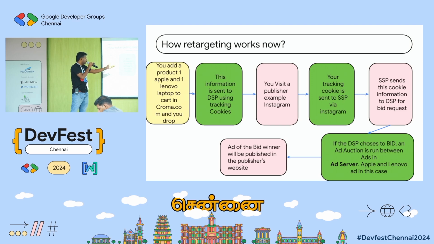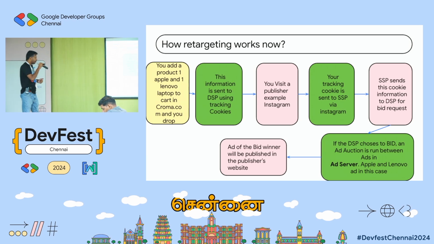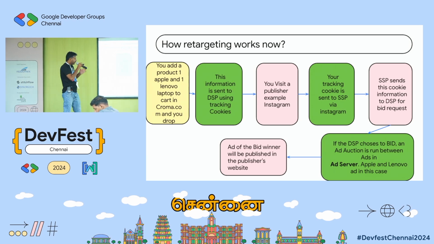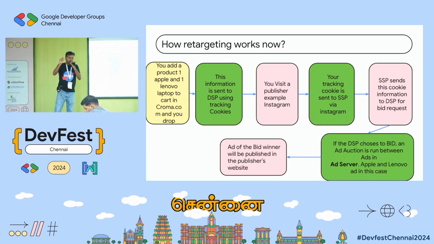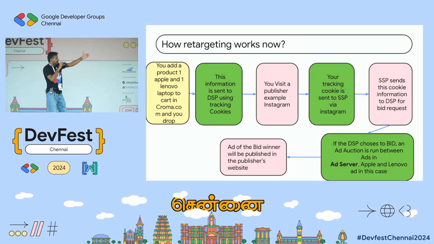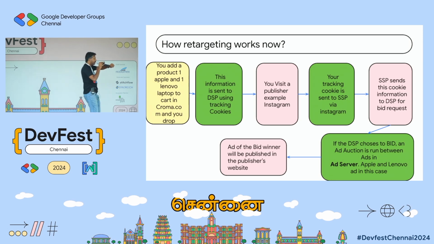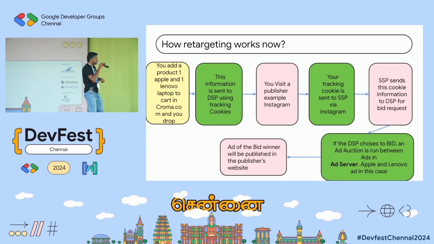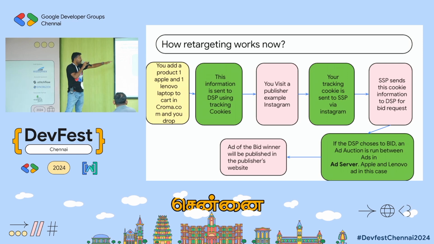Now on the publisher side, for example, you drop off from Chroma and visit Instagram. Let's say Instagram also uses the same DSP. The information about you, set by the DSP on Chroma.com, using this cross cookie, would be sent to Instagram, and through Instagram to the SSP.